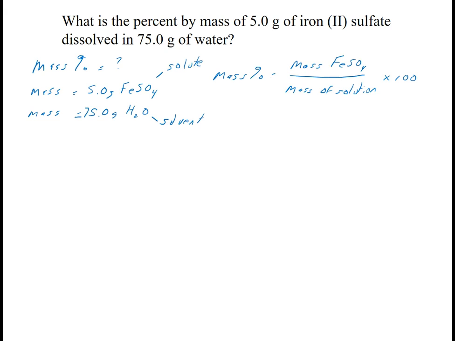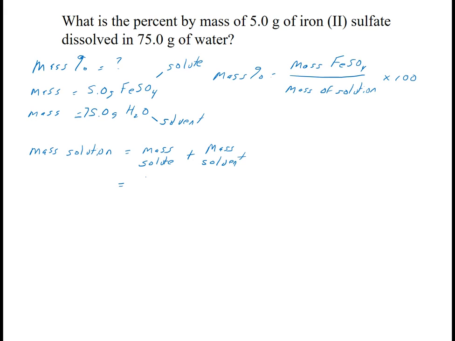So when I introduced the concentration units in the last video, I said solution basically. It didn't matter if it was mass. The solution is going to be the mass of the solute plus the mass of the solvent.